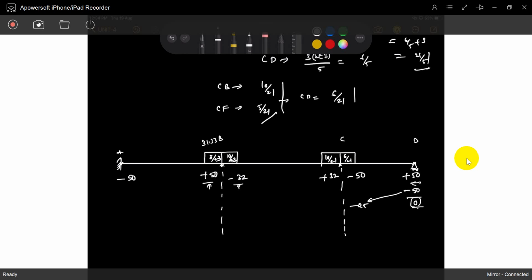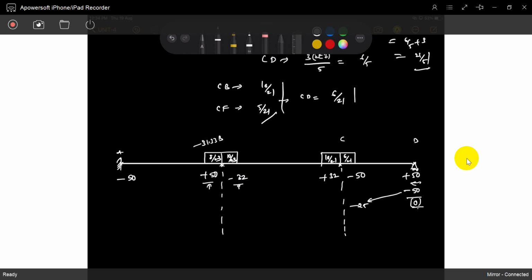We have to get it 0, na? So we have to apply minus 31.33. Then only it's balanced. So if you apply minus 31.33, how is it distributed between BA, BC and BE? Based on the distribution factors.